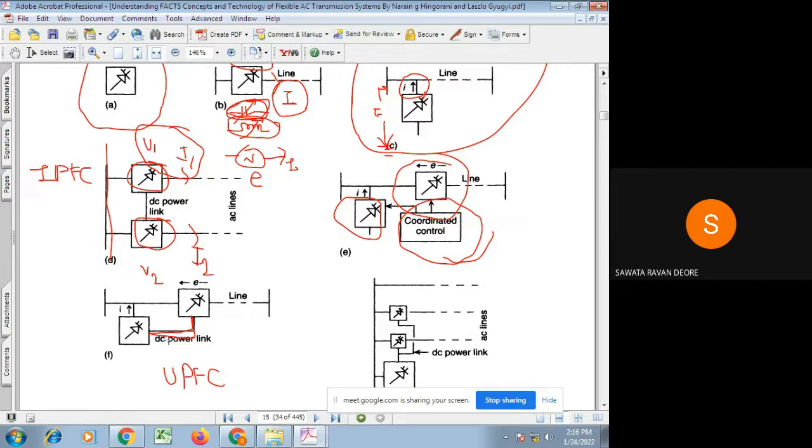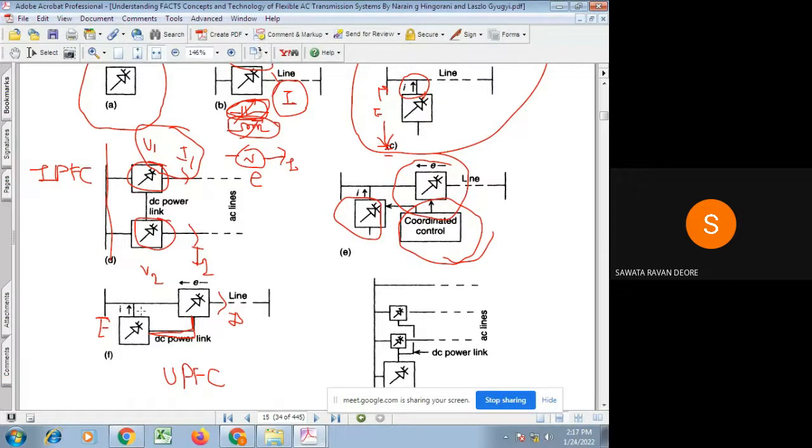Obviously, in this case, the phase relationship of the injected voltage E with the current flowing through the line decides how much real and reactive power it exchanges with the line. Whereas how the current I is injected by this shunt controller with respect to the voltage of this bus bar, or the point of connection, decides the real and reactive power it exchanges with the transmission.